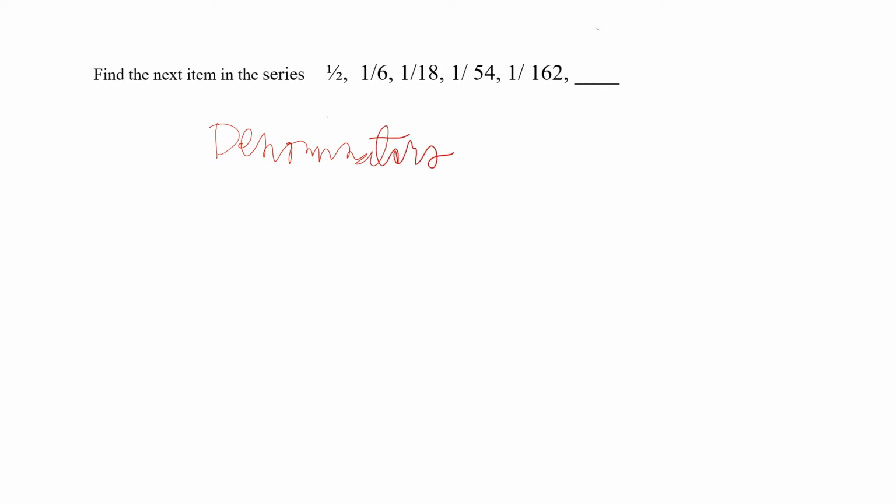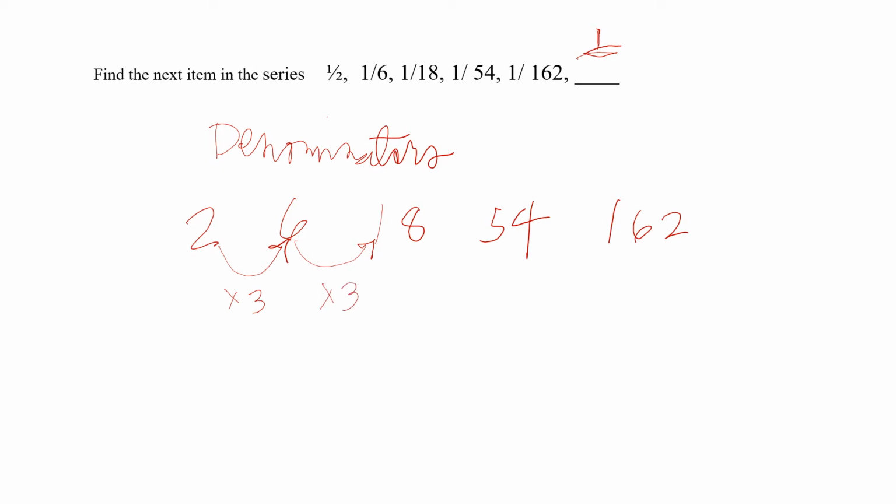So we know that the next term that we're looking for will have a 1 in the numerator. But the denominators will be 2, 6, 18, 54, and 162. So what is happening in here? From 2 to go up to 6, we need to multiply 2 by 3. To go up from 6 to 18, we need to multiply 6 by 3.